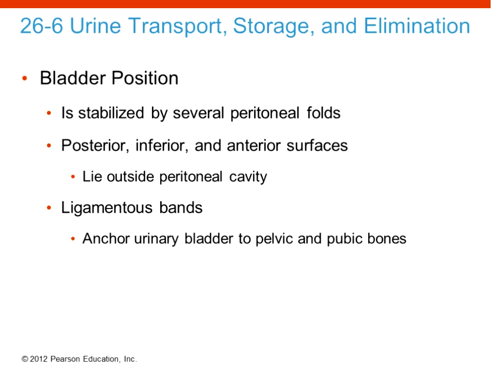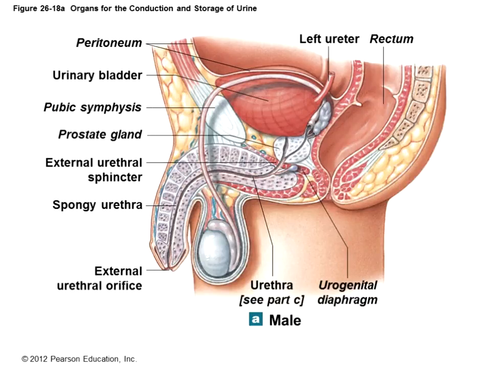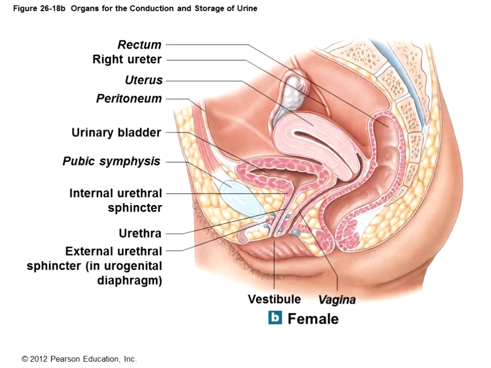We'll talk about that in the micturition reflex in just a second. But you can see where the bladder is located. That's more of an anatomy thing. This is male anatomy of the urinary bladder, and you can see the ureter filling into the bladder.